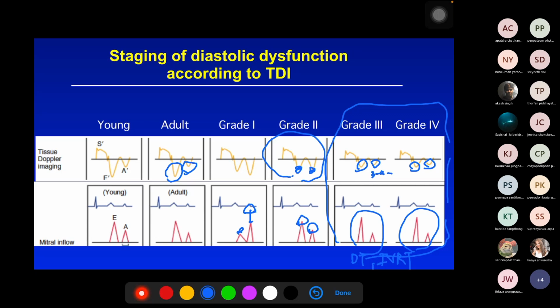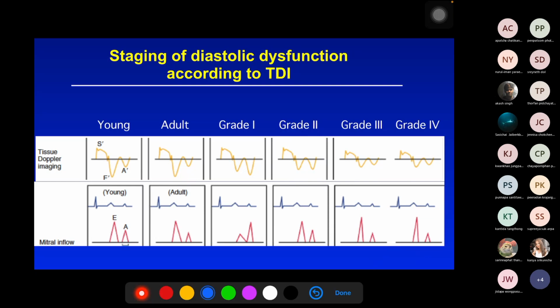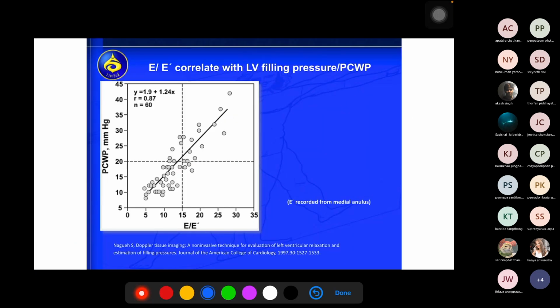So we use this E to E prime ratio to correlate with the LV filling pressure. This study is from Dr. Nagueh from the Mayo Clinic.